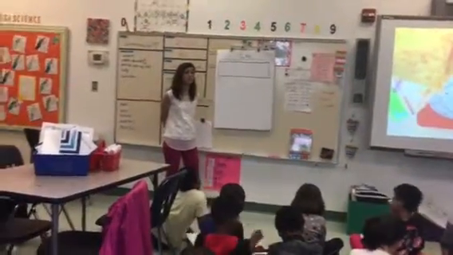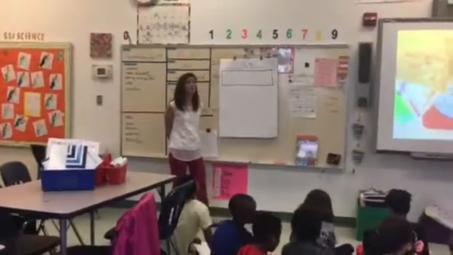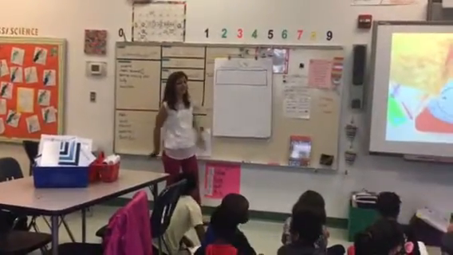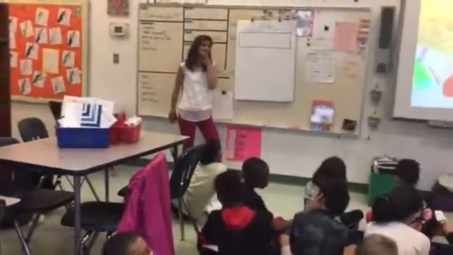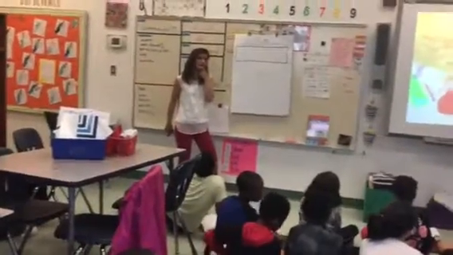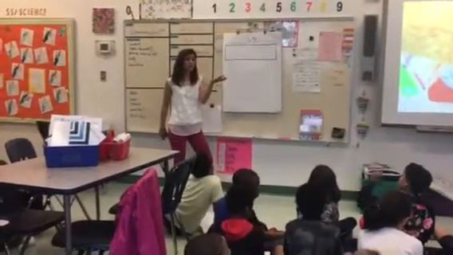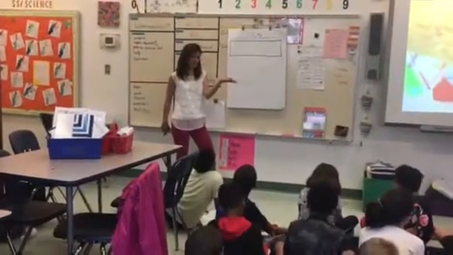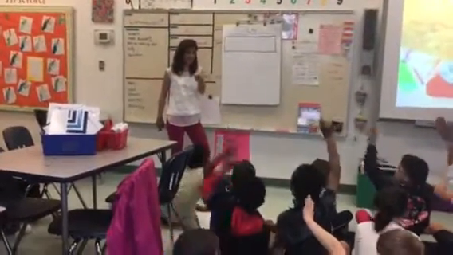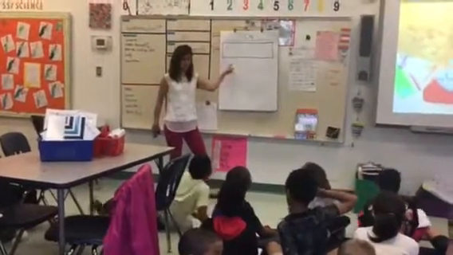Remember when we have tape diagrams? You break them up. How many pieces? How many bags do I have? 10. Does anyone else remember? Langston. 10. You got it right. So how many pieces do I have, Langston?